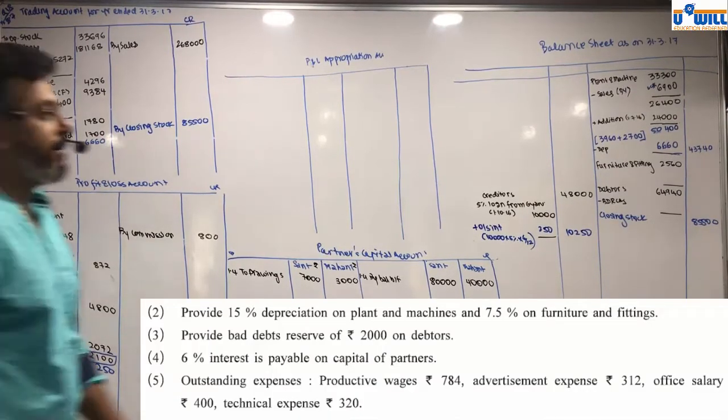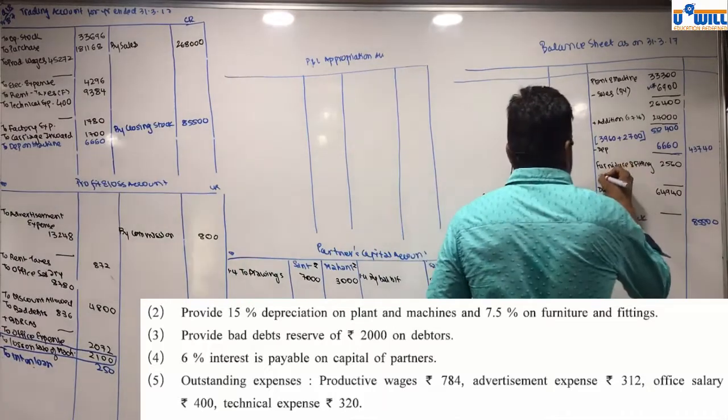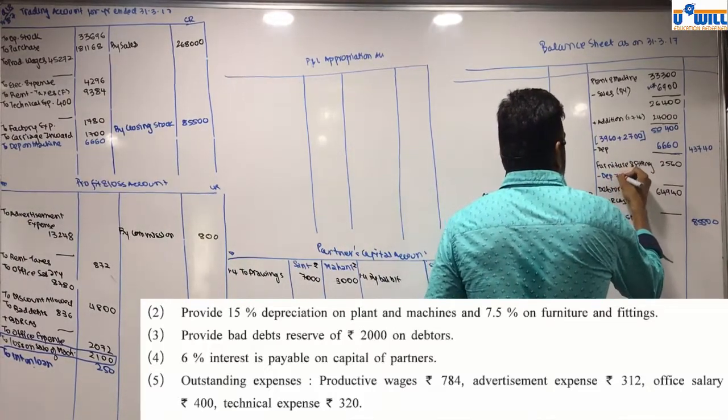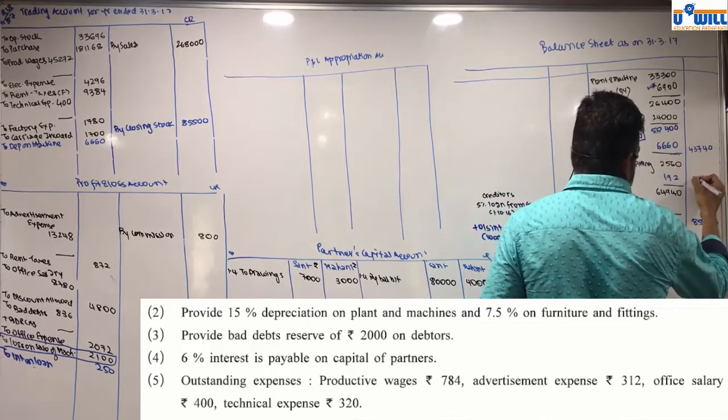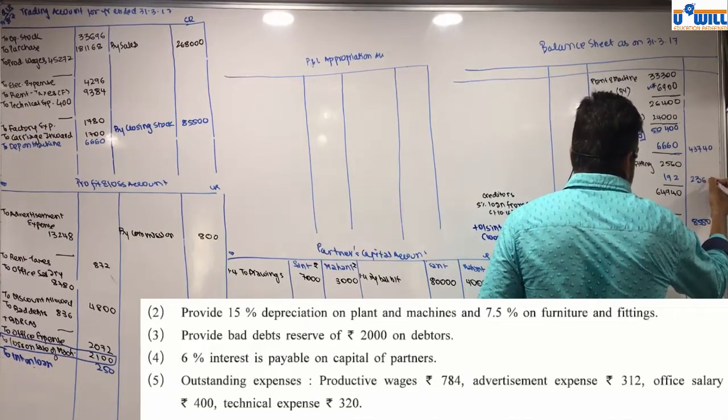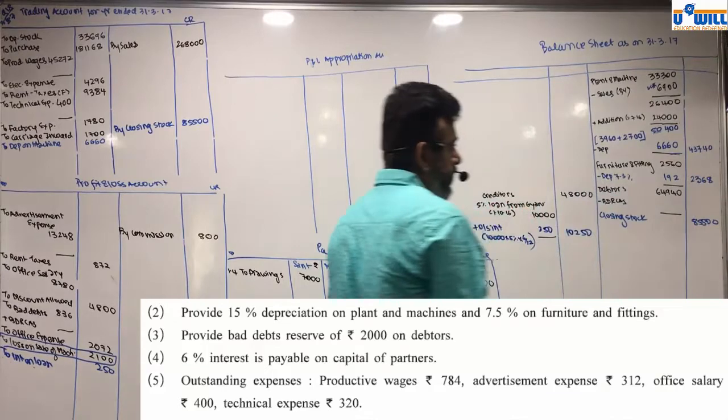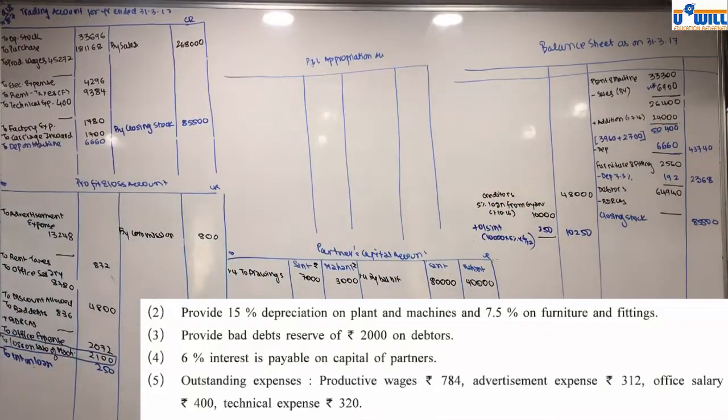7.5% on furniture and fitting. How much? 192. So outer column 2368. Second effect, to depreciation on furniture 192.